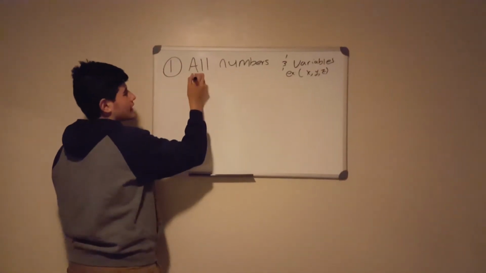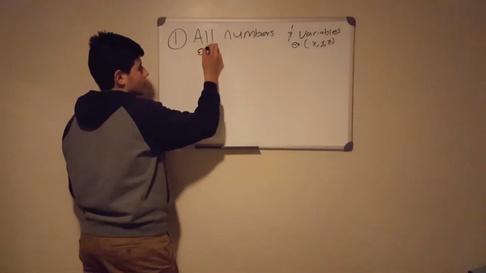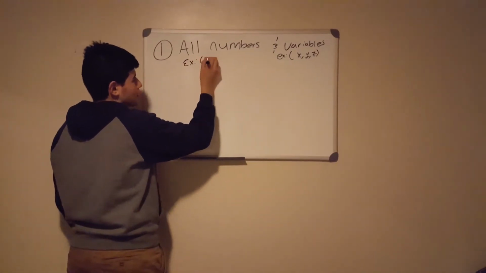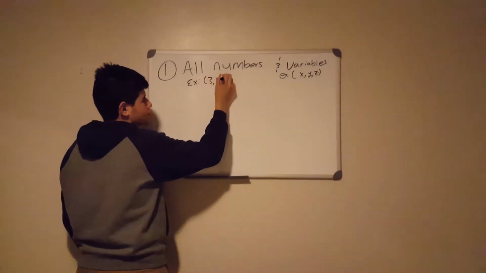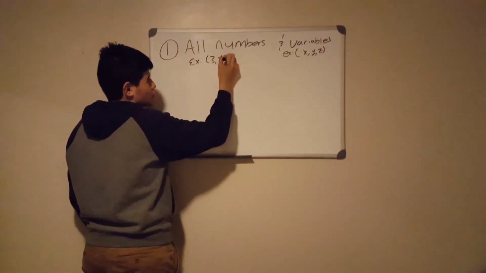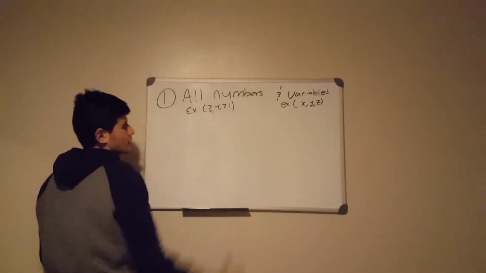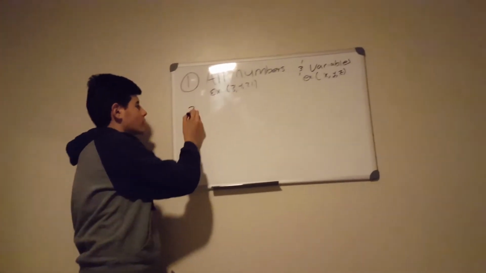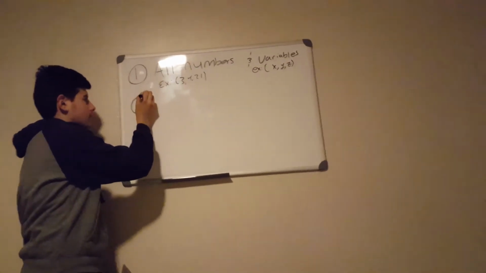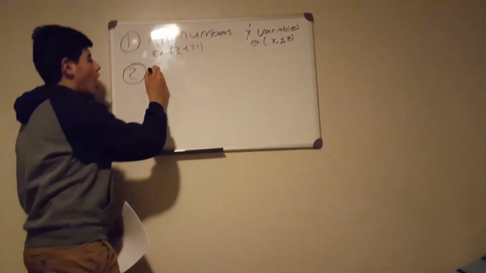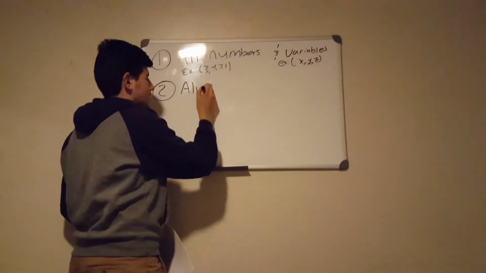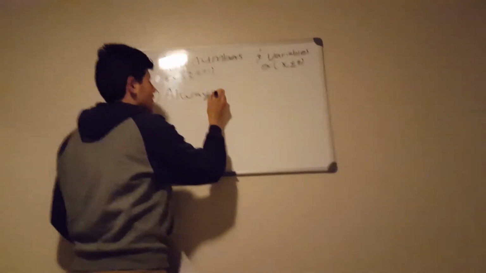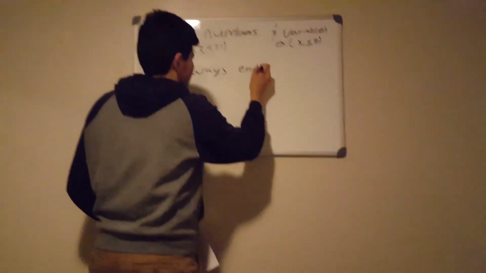Okay, and then when we're doing numbers, we're going to do, let's say, 3, 4, 21. There you go. Boom. Second rule for taking absolute value, when you take absolute value, you always end up with a positive number.